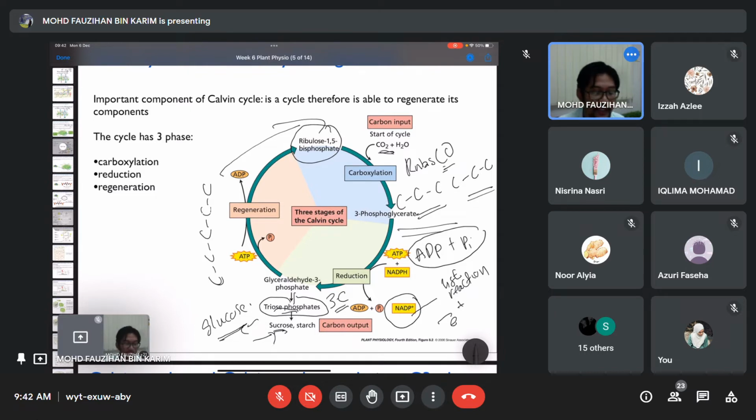That's why we don't call the process reduction or oxidation. Right? Here it involves electron transfer from electron carrier, right? That's why it is called reduction process. All right, ATP here is just to fuel the formation.